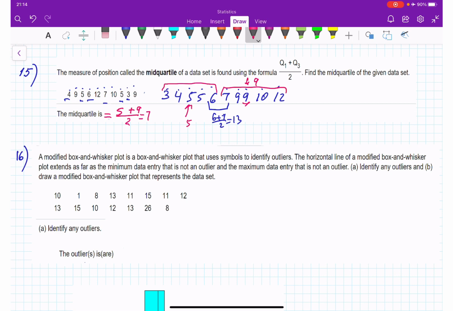Okay, let me draw it. This is our box plot with the median. This is the minimum, this is the max. This is Q2, Q1, and Q3. So this is our box plot.